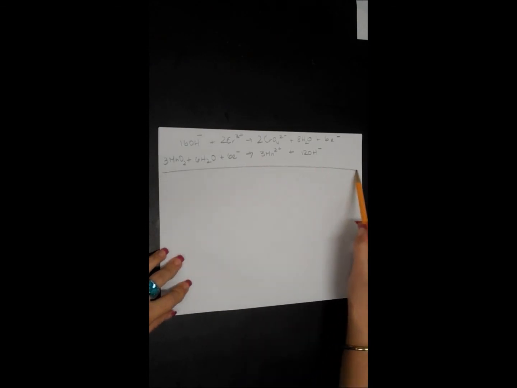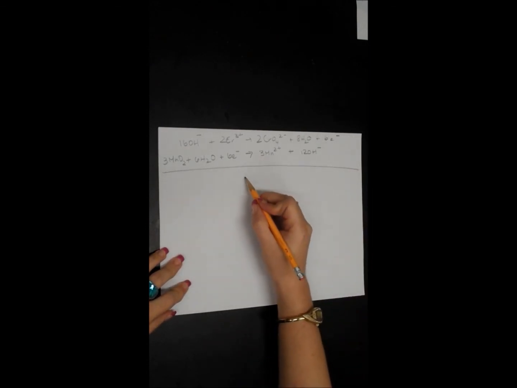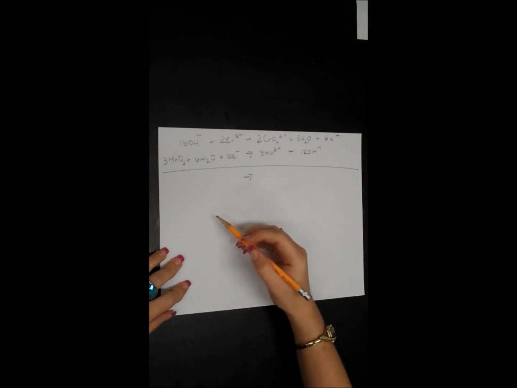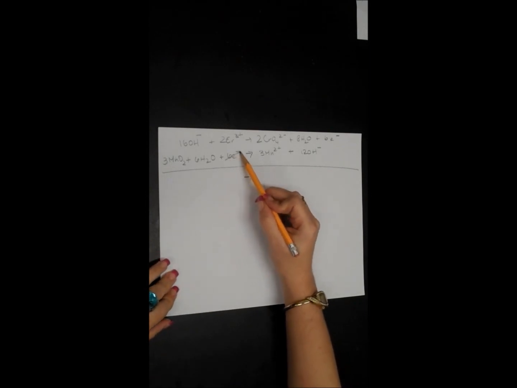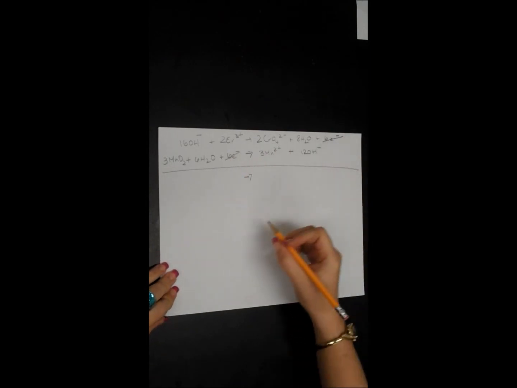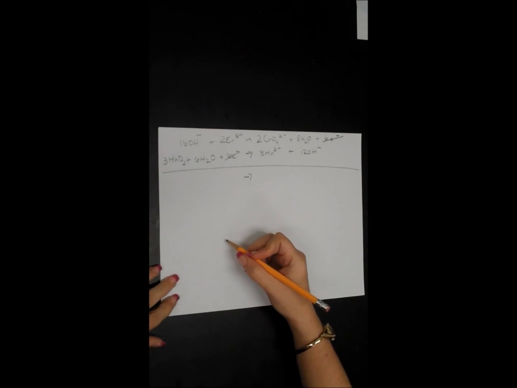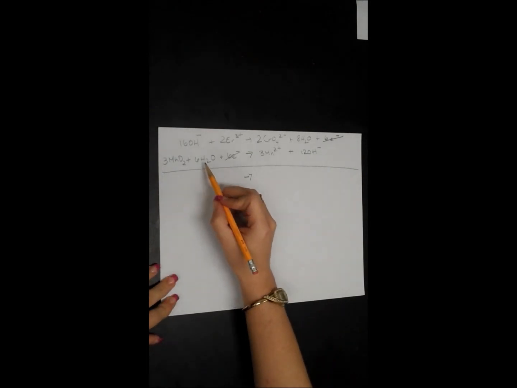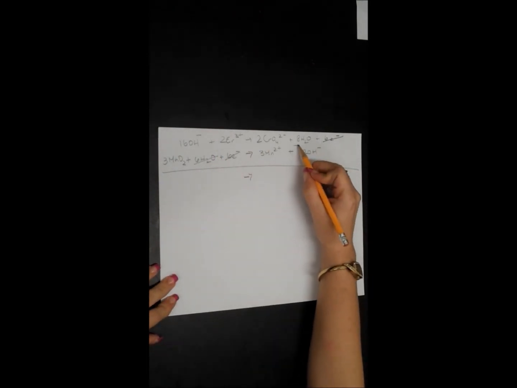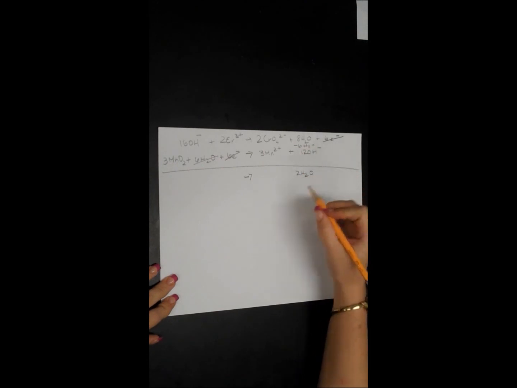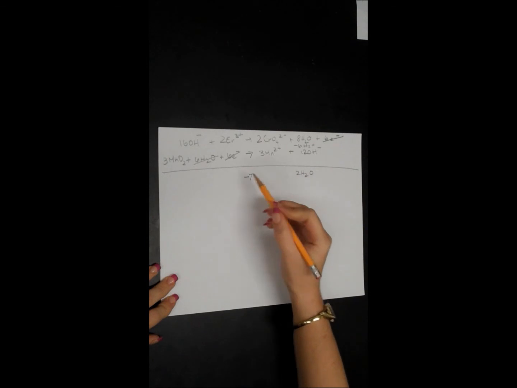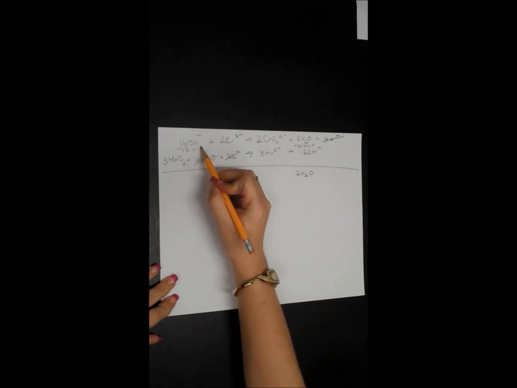Our electrons will cancel out, as will some of our H plus, OH minuses, and H2Os. As we can see, our 6 electrons cancel out, our waters cancel out and are reduced, and our OH minuses are canceled out and reduced.